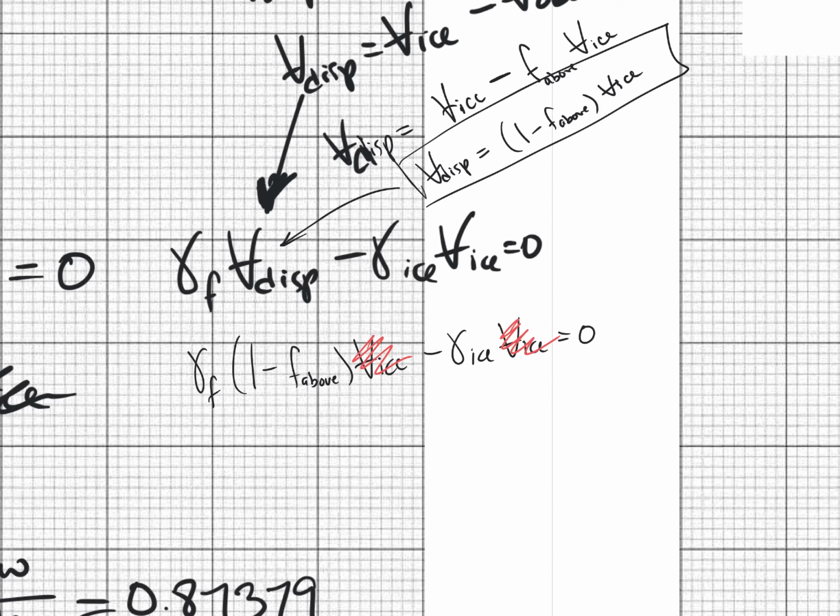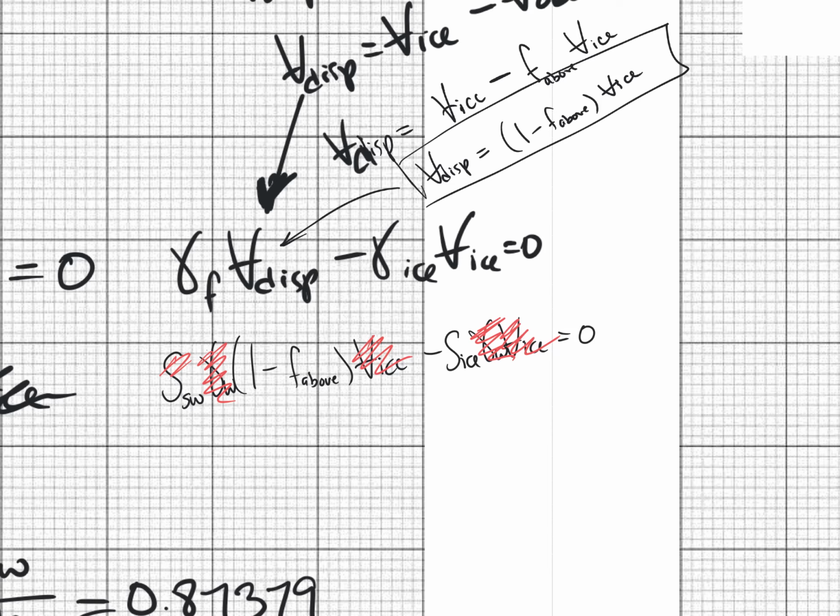And then the gamma of water goes away, because the gamma of the fluid is S of the seawater times gamma of water, and the gamma of the ice is going to become S of ice times the gamma of water. So the gamma of water is going to go away.